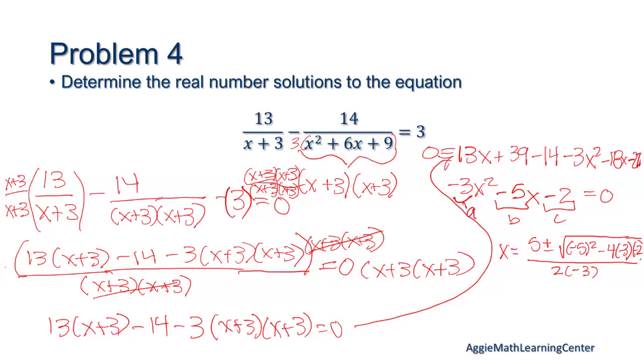Perfect. So we can simplify. And what do we get under the square root when we simplify? 25 minus or plus 24. Wait, yeah, 25 minus 24, so 1. Yes, just 1.